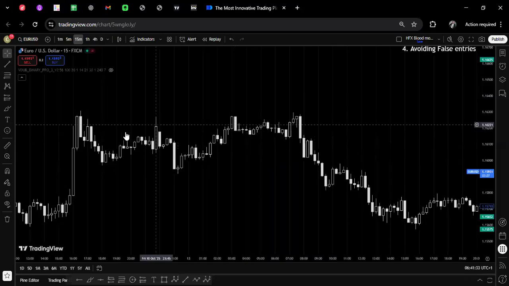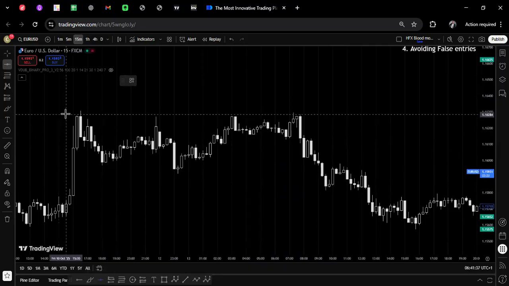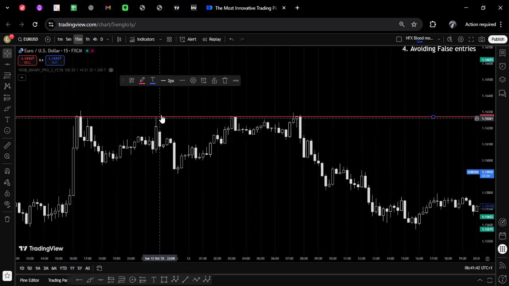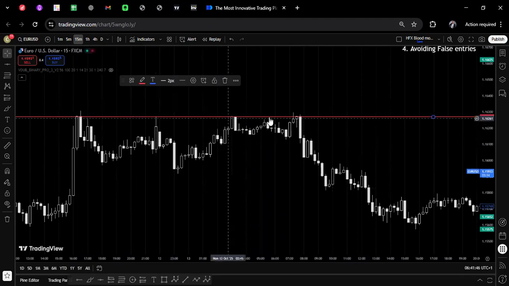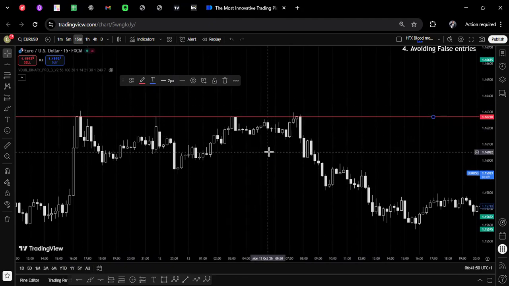That's what's going to make you place a horizontal line first at this area. You see the market reversing at a particular area over a period of time. This simply tells you that this is a good resistance zone. Now we've gotten a resistance zone just by looking at these charts.